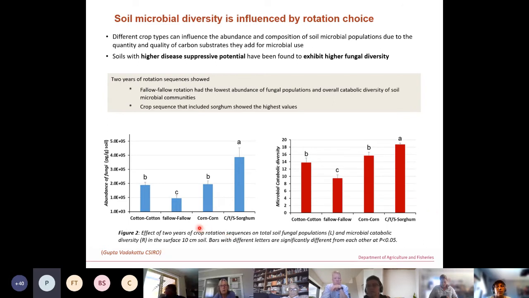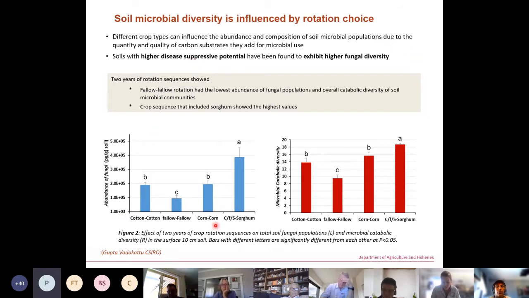So from the work, we believe that to promote disease suppression, because we know it's in the literature that you need to promote disease suppressiveness, you need to have higher fungal diversity.